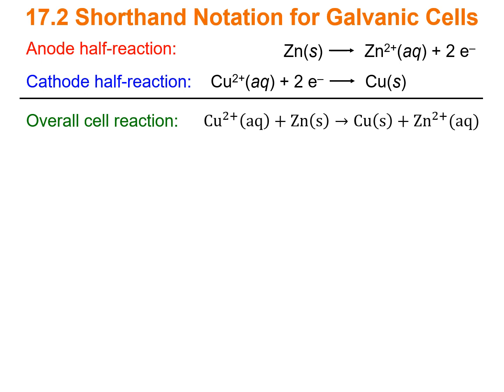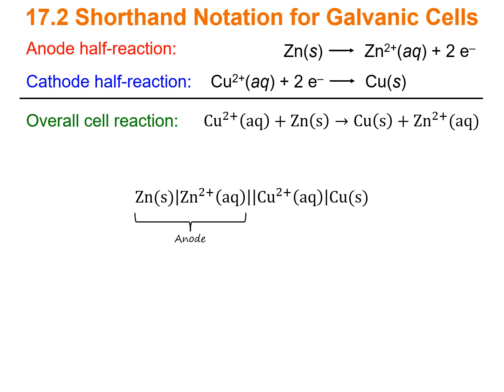One of the popular ways that we can rewrite this reaction in shorthand form is we basically just write the oxidation that's occurring on the left-hand side and the reduction that's occurring on the right-hand side. The single bars indicate where we have a phase difference, so we're going from zinc solid to zinc aqueous. And then the double bars indicate that we have a salt bridge present. And then we have the reduction on the right-hand side always, and that's copper going to copper solid.